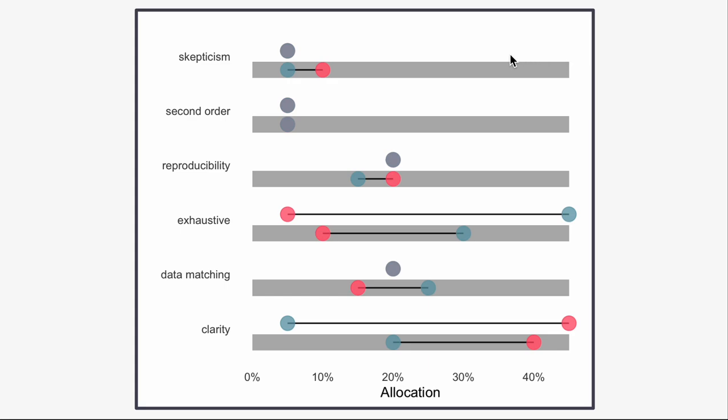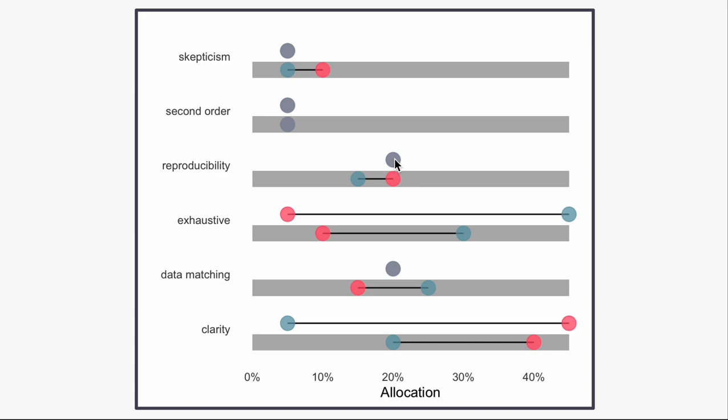And so this is how they came pre and post negotiation. Pre, in the white for each of these principles, is where they started. We started them at the same place for skepticism, second order, reproducibility, and data matching, and we started them in different places for exhaustive and clarity. Here the red denotes the client's allocation, and the blue denotes the analyst's allocation.